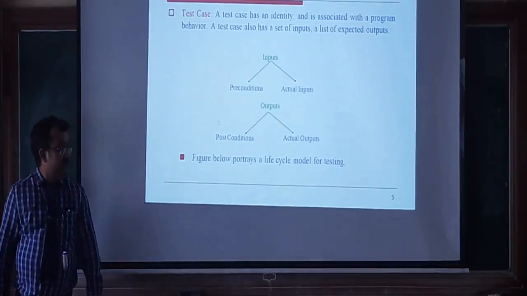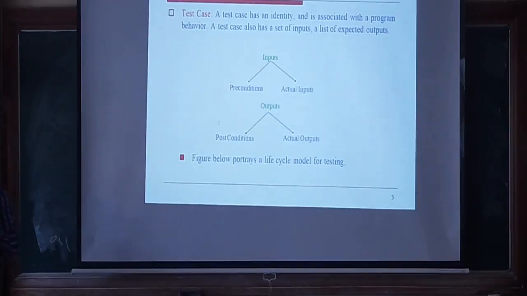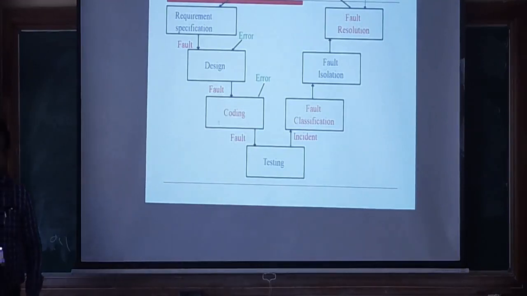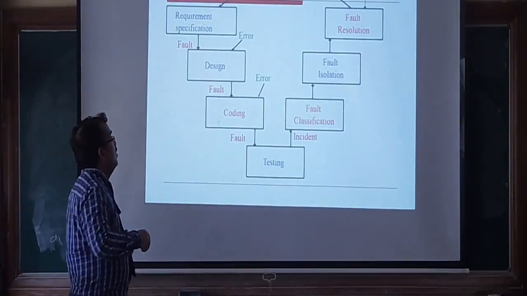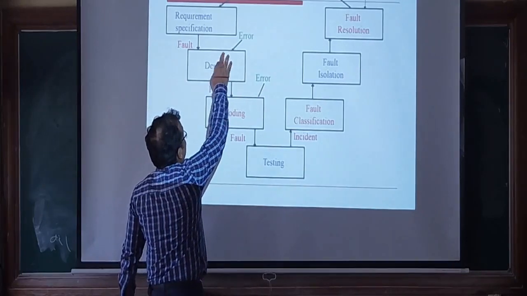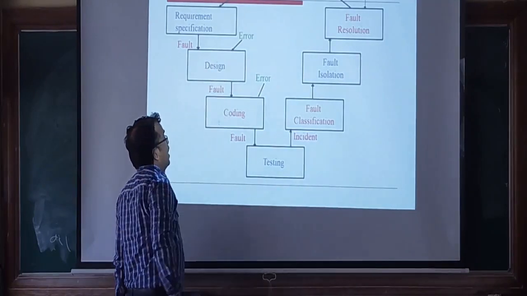We can identify the testing life cycle through the figure which you can see here. This is the testing life cycle figure, where for all those phases in the waterfall model, say requirement specification, design, coding, it is likely that some mistakes or errors are included.